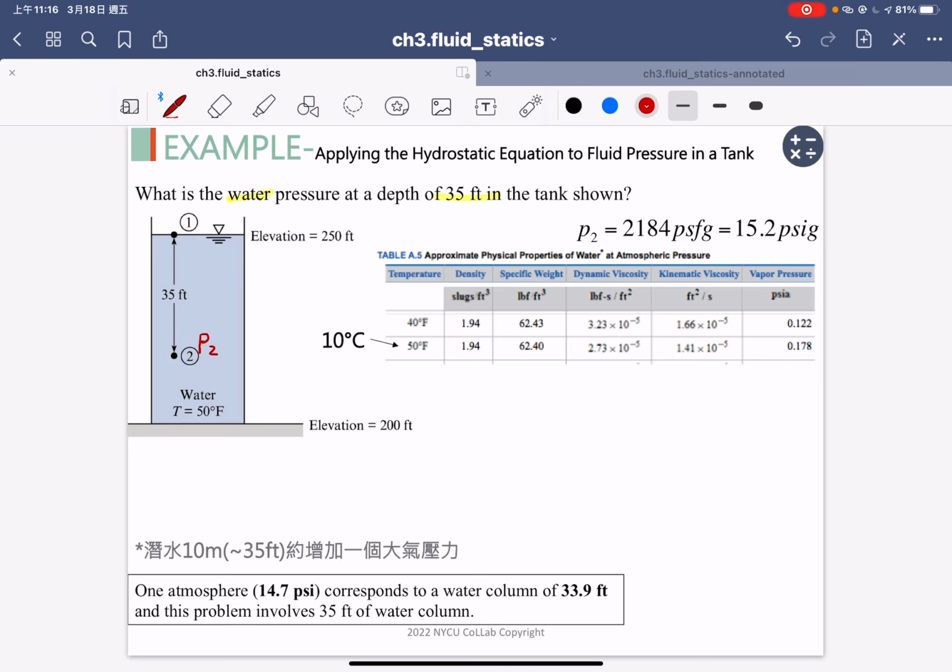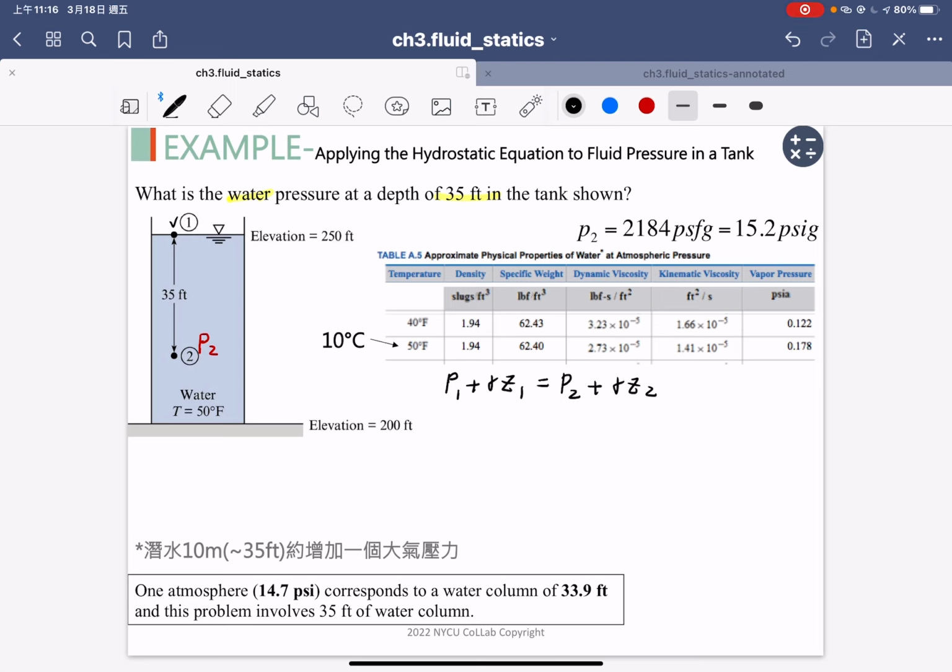We know that P1 plus gamma Z1 should be equal to P2 plus gamma Z2, right? Because they are located in the same fluid, water.